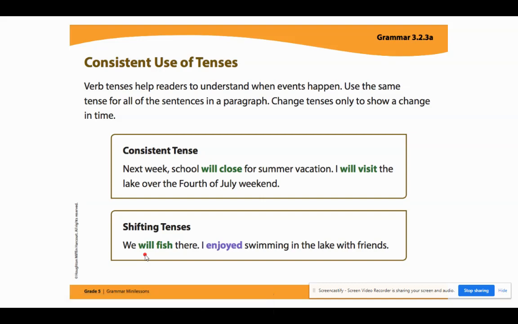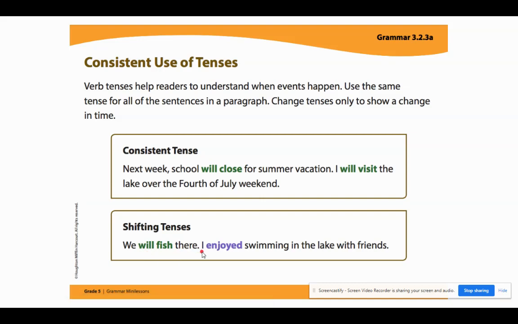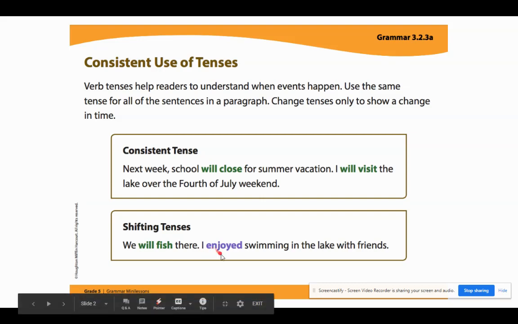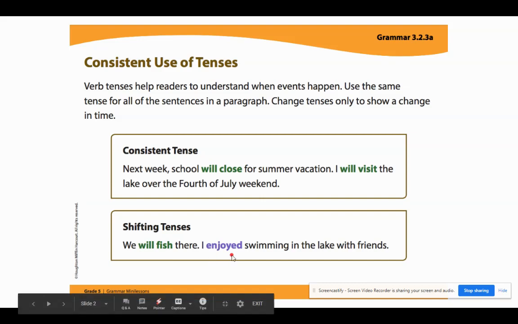Something will happen. In this case, they will fish. It hasn't happened yet, but it will happen eventually. And then they referred to a time where they enjoyed swimming in the lake with their friends. So you'll notice that the word enjoyed has that -ed ending to tell us it's past tense. So they've already enjoyed swimming in the lake with their friends.